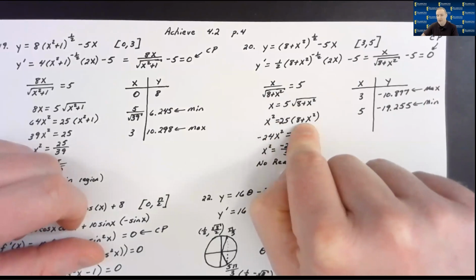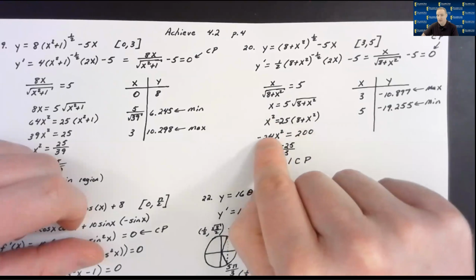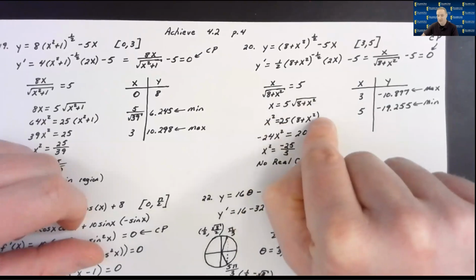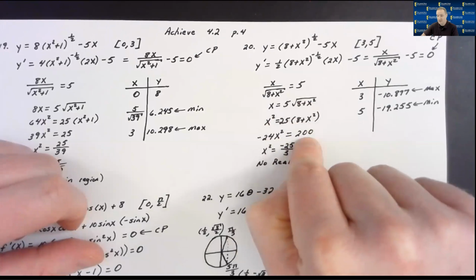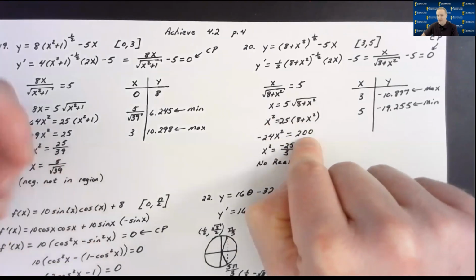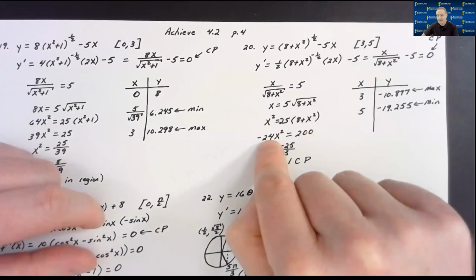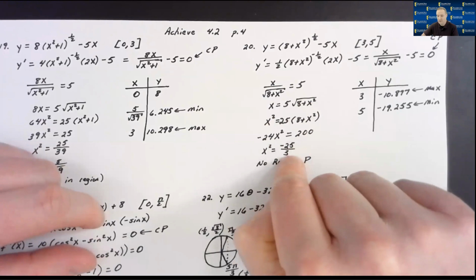At this point, I know I'm going to have a 25x squared on the right-hand side. If I subtract that on both sides, the left-hand side becomes negative 24x squared. It was 1x squared minus 25x squared, for negative 24x squared. 25 times 8 gave me 200 on the right. But now I would get x squared is equal to 200 divided by negative 24. Well, that reduces down to negative 25 over 3.